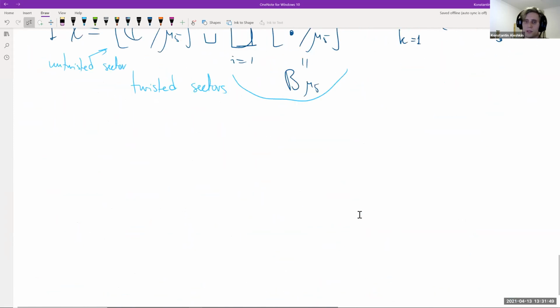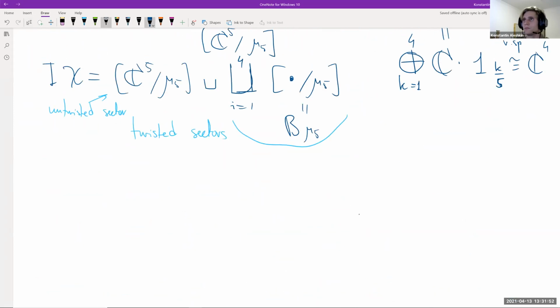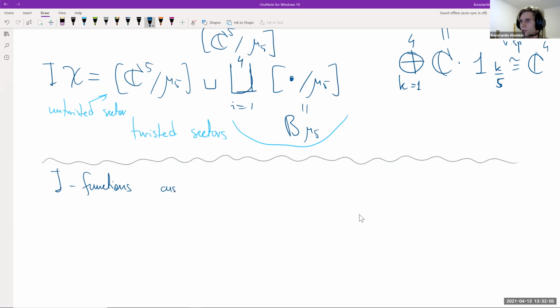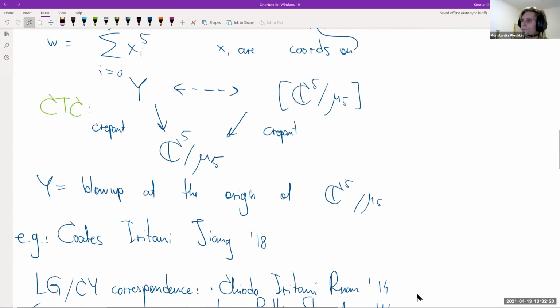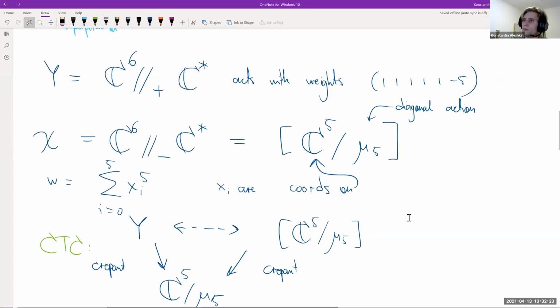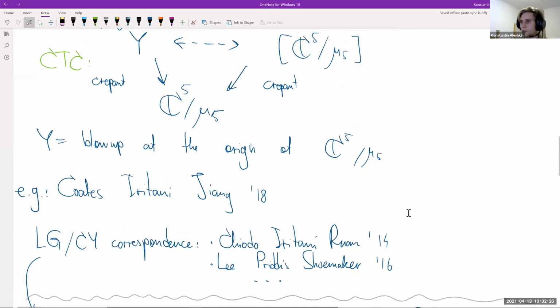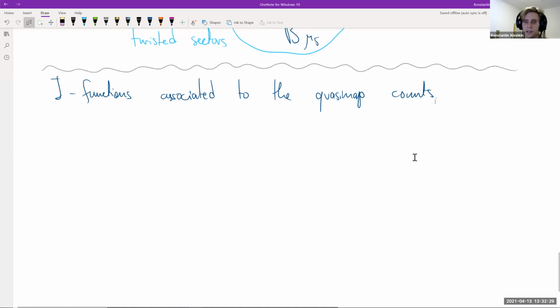Yeah, and then let me describe the corresponding I functions associated to the quasi-map counts. Maybe if some time remains, I'll try to describe to the best of my knowledge how to construct these I functions from the derivative counts.